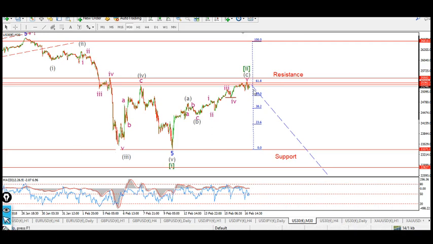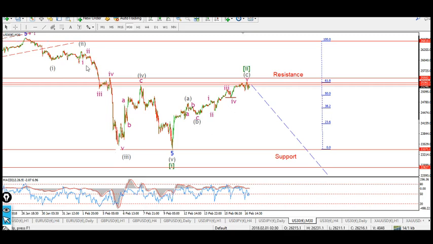So we'll remain vigilant next week. If we see another impulse wave to the downside, 5 waves down, 3 waves up, creating a lower high, then that's a definite signal to pay attention, and a signal that the market is about to spill lower again.